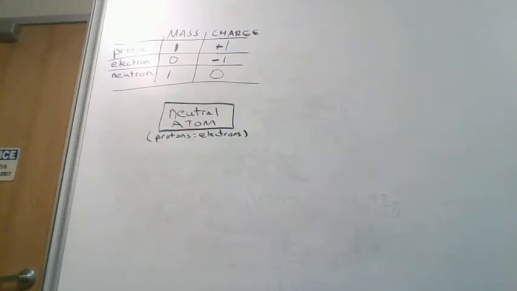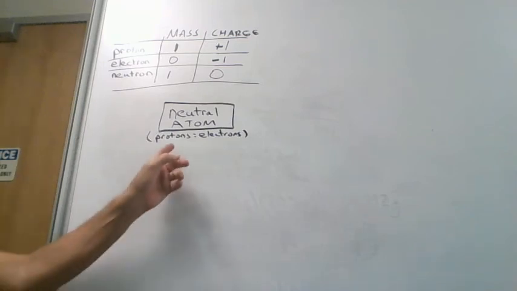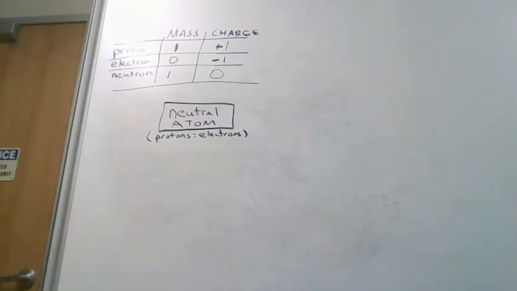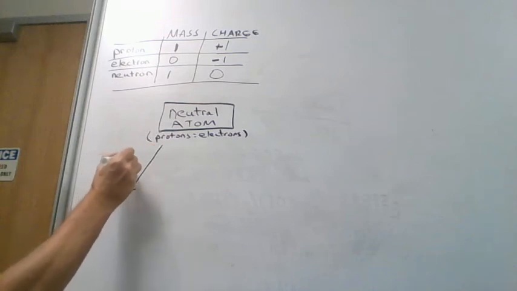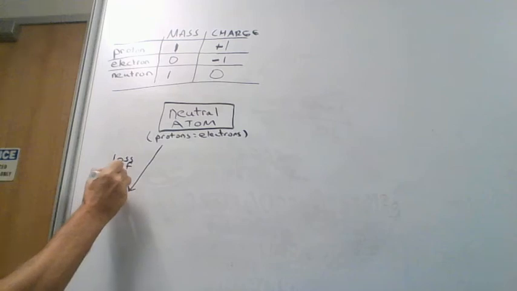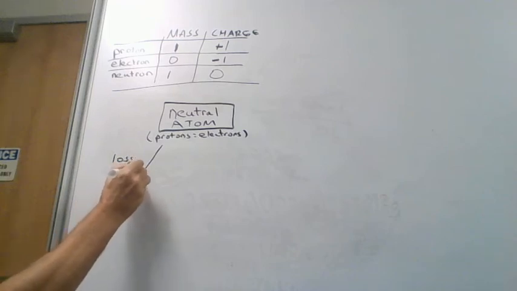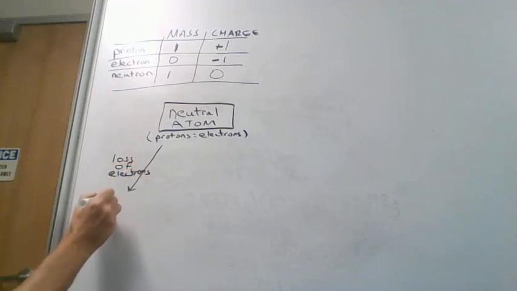If atoms are made of these subatomic particles, and an atom is neutral, that means it has no charge, which means the number of protons equals the number of electrons. But let's look at what happens if we change the ratio of electrons to protons. If an atom loses some electrons, then it has more protons than electrons, and it has a positive charge.